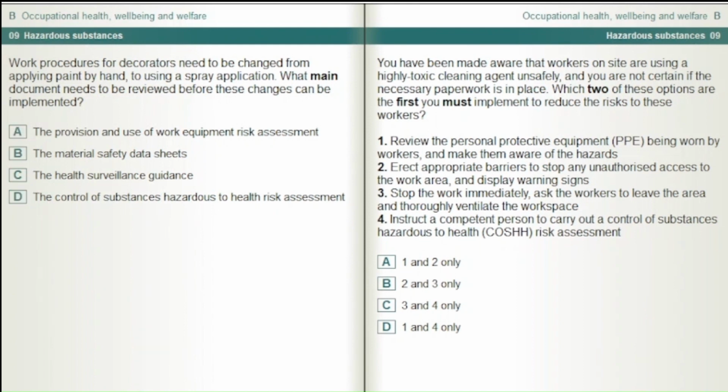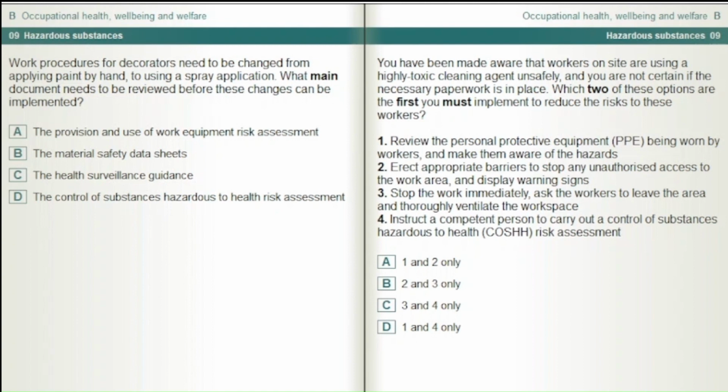You have been made aware that workers on site are using a highly toxic cleaning agent unsafely, and you are not certain if the necessary paperwork is in place. Which two of these options are the first you must implement to reduce the risks to these workers? 1. Review the personal protective equipment, PPE, being worn by workers and make them aware of the hazards. 2. Erect appropriate barriers to stop any unauthorised access to the work area and display warning signs. 3.